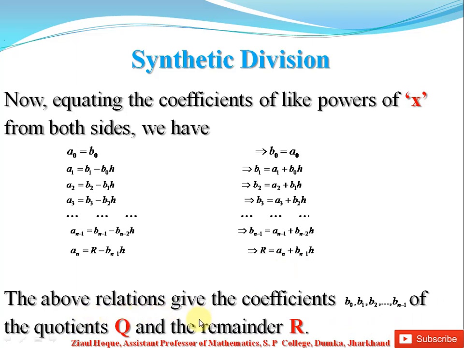The above relations give the coefficients b0, b1, b2, ..., b(n-1) of the quotient q and the remainder r.